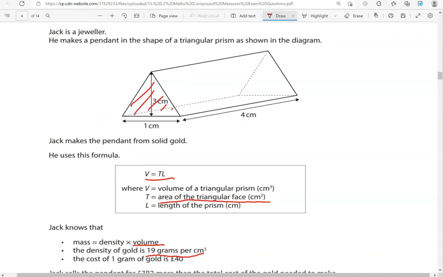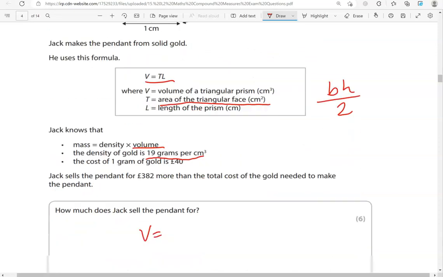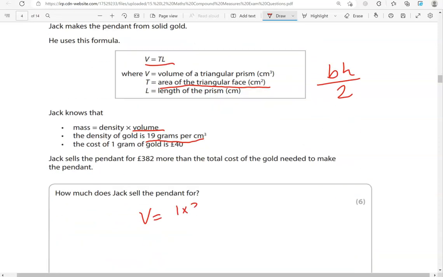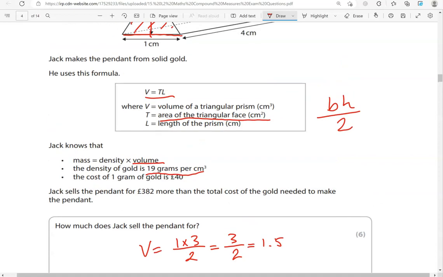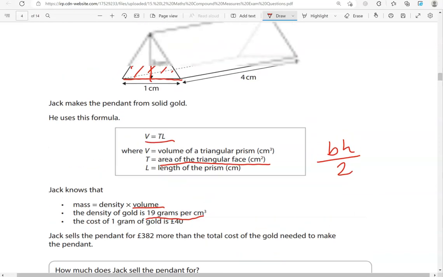And the area of a triangle is base times height divided by 2. So base is 1 centimeter. Height is 3 centimeters. So 1 times 3 divided by 2. 1 times 3 is 3, divided by 2 gives us 1.5. So that's the area of the triangle face.